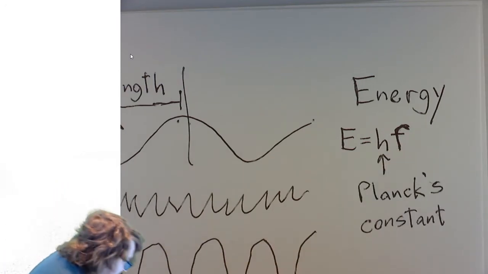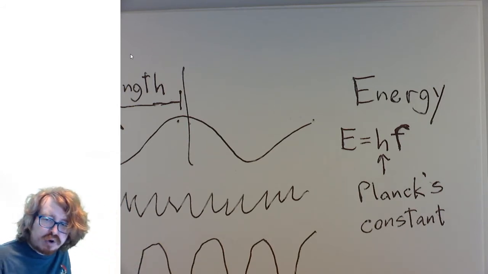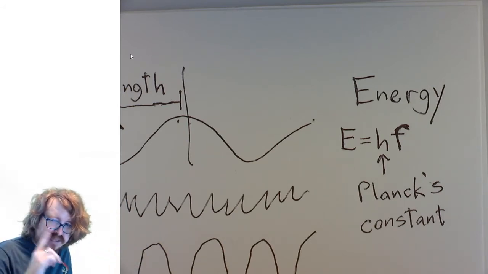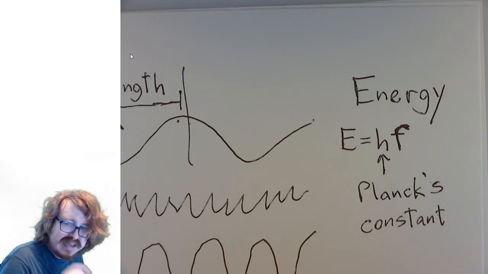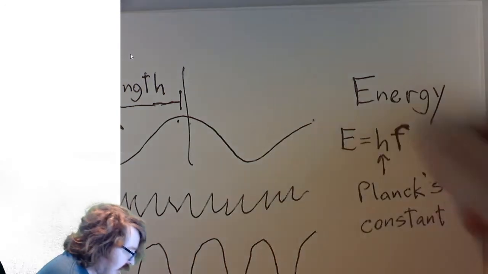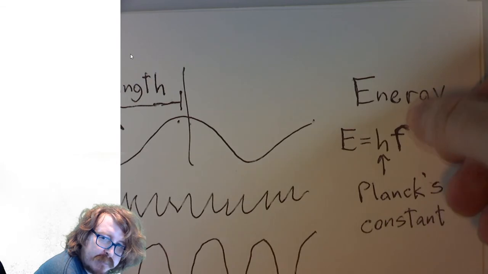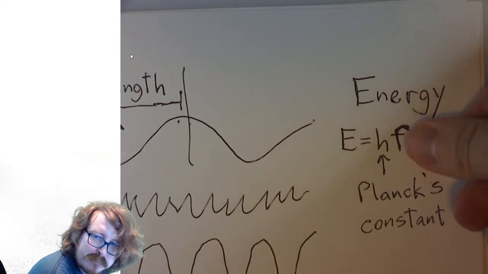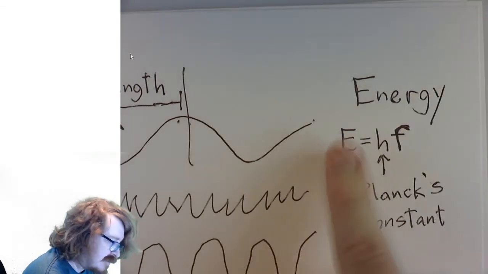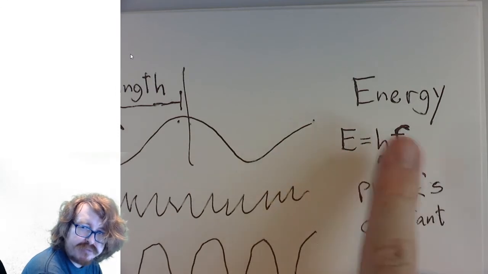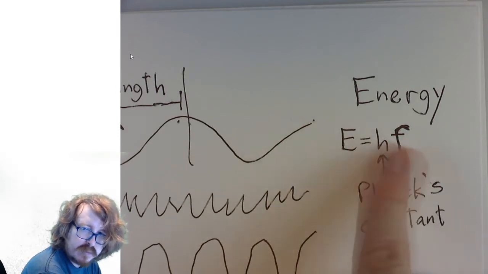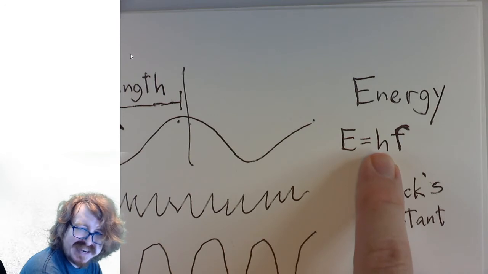So, let's put that together. In this equation, here we go. Give me something here. In this equation, if the frequency goes up, if we made the frequency a bigger number, what would that do to the energy? Okay, if the frequency is bigger, and remember, this is just a number right here, so that never changes.